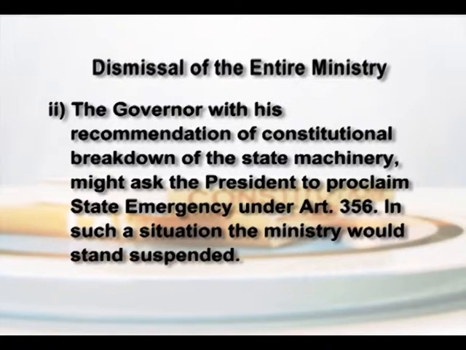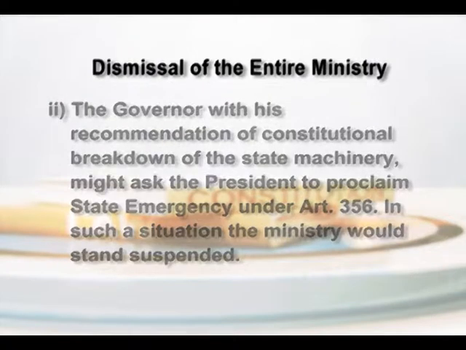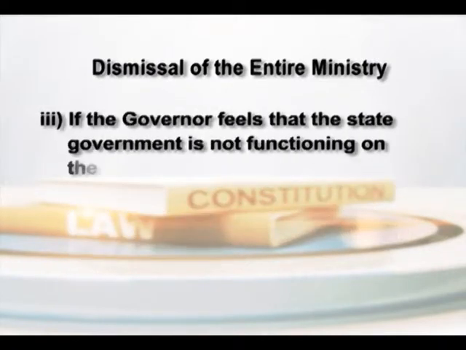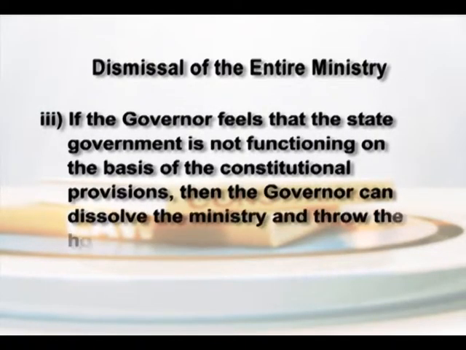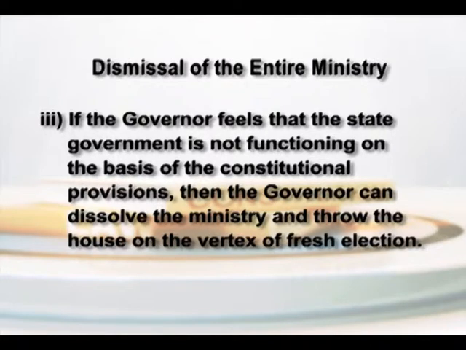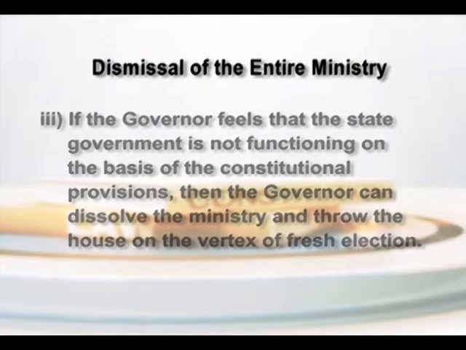In such a situation, the ministry would be suspended. Thirdly, if the governor feels that the state government is not functioning on the basis of the constitutional provisions, then the governor can dissolve the ministry and throw the house into fresh election.